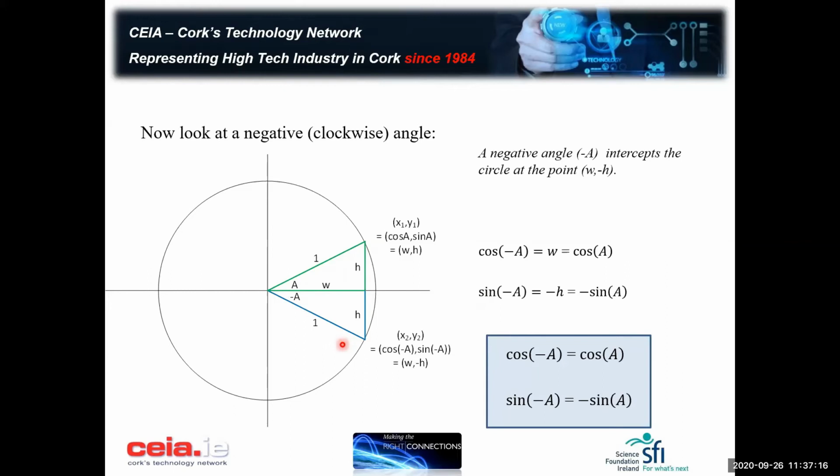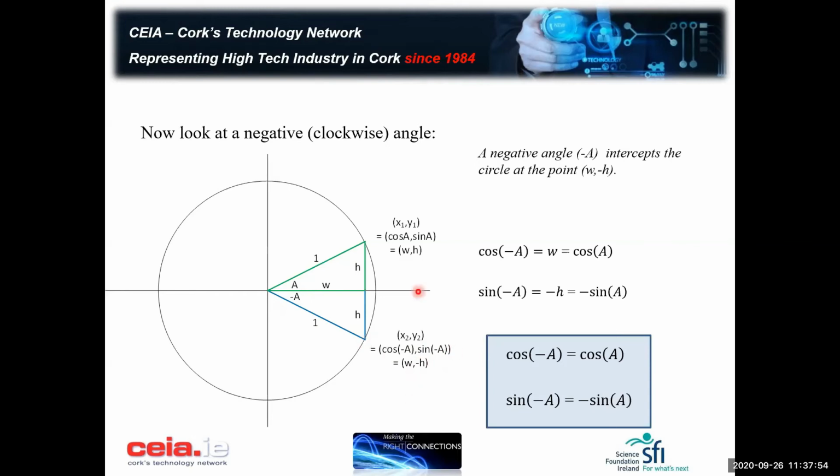And if we keep the magnitude of that angle the same, so we can say it's minus A. Again, the intercept point out here is the cosine of minus A and sine of minus A. But in this case, it's W and minus H. So the x coordinate stays at W, the cosine stays at W, but the y coordinate, the sine, has flipped in sign to be minus H.